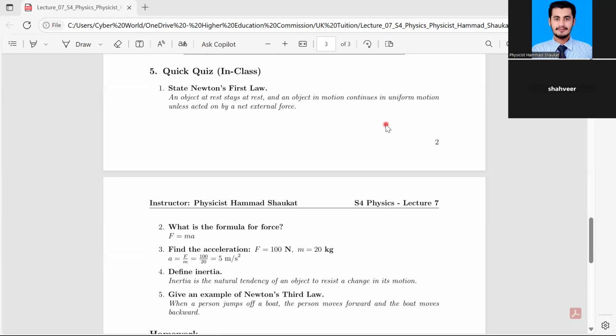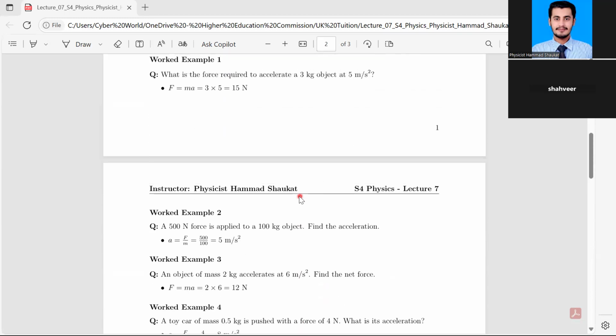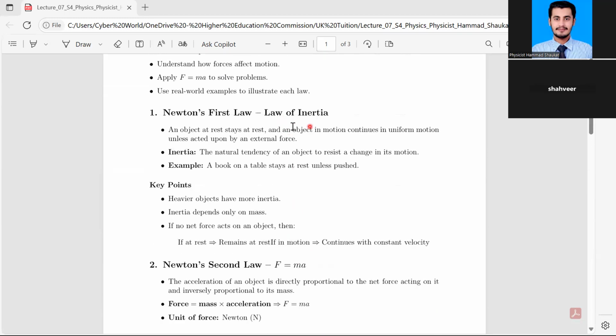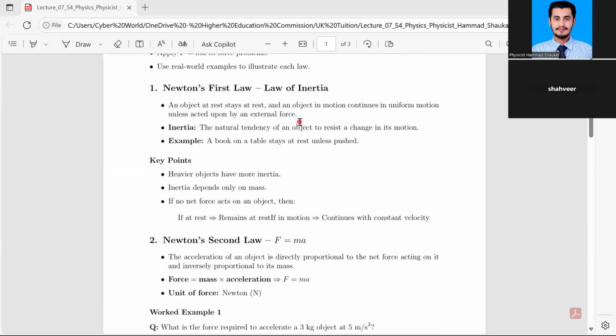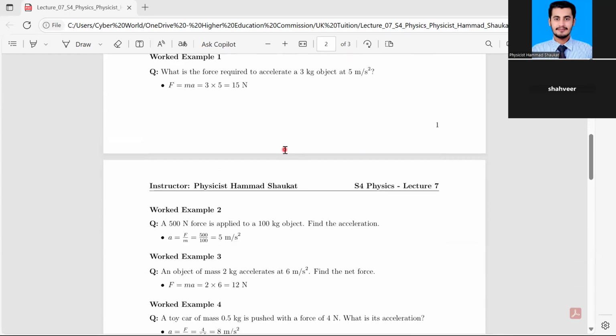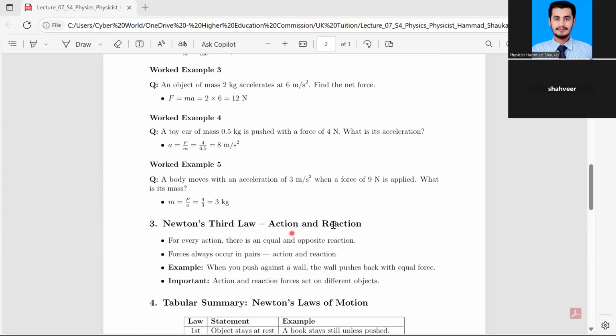And as I told you before, Newton's first law of motion is also known as the law of inertia. And Newton's third law of motion is known as action and reaction.